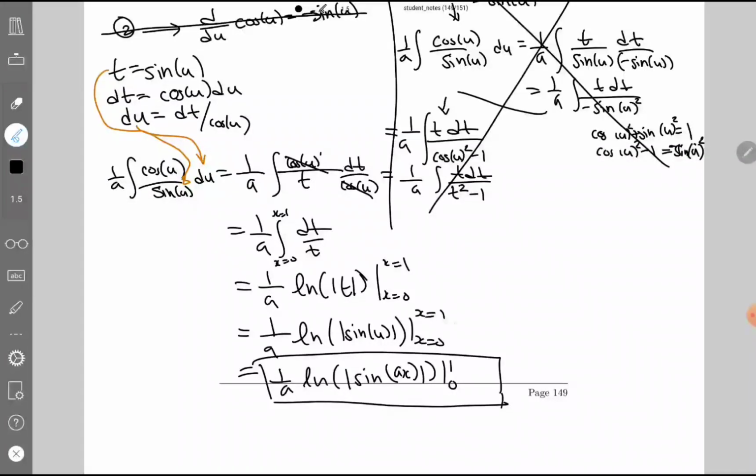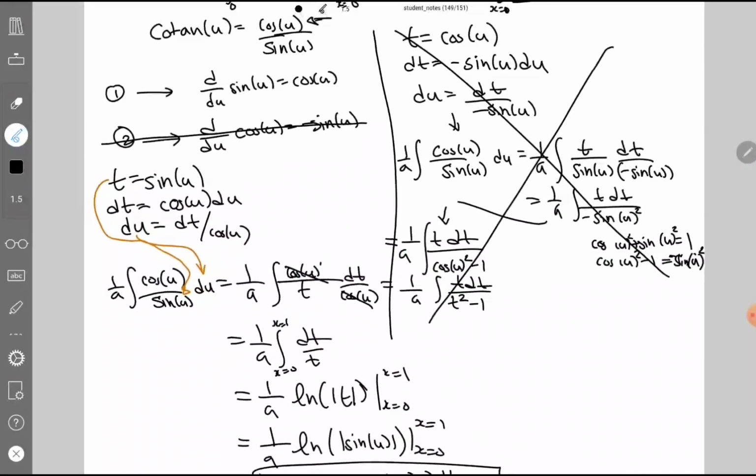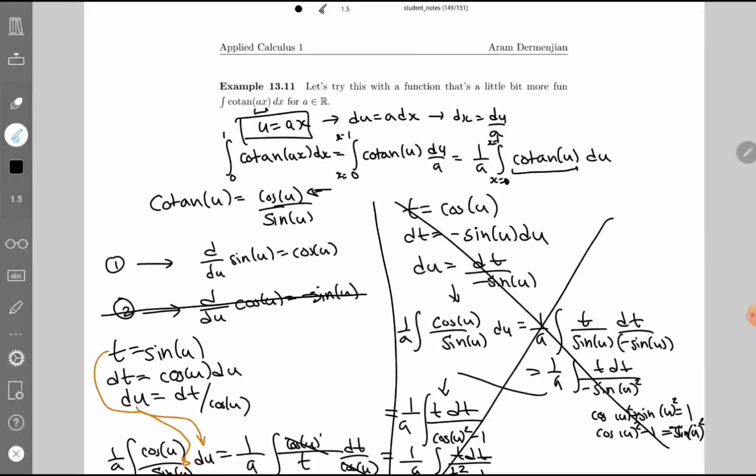So if we're doing the definite integral method, you would do it this way, or you can plug in right away and change this. So here we can make u equal to ax. So if x is equal to 1, this top part becomes a, this bottom part becomes 0.